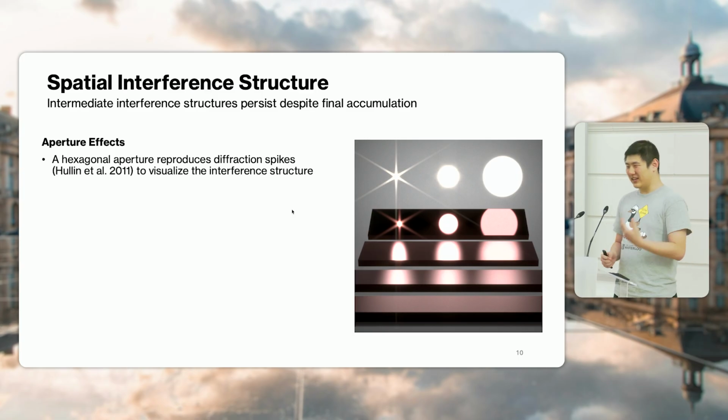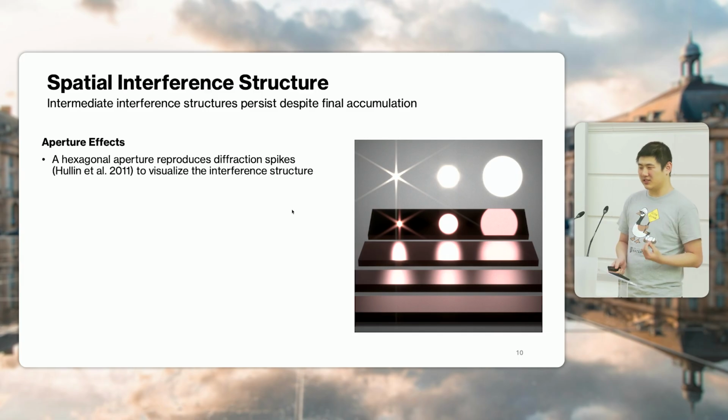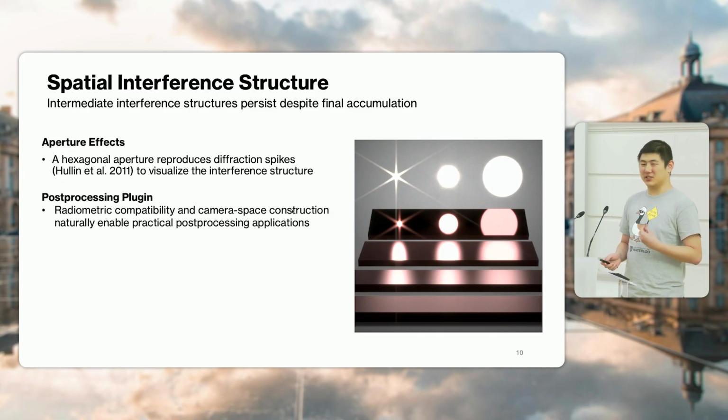And it means that even though the realization-dependent interference is suppressed by accumulation, the camera space wave propagation still took place, and the spatial interference structure still left some visible trace. And this is why we describe our construction as a potential post-processing plug-in. It lets us introduce some camera space effect without replacing the whole geometric rendering pipeline.